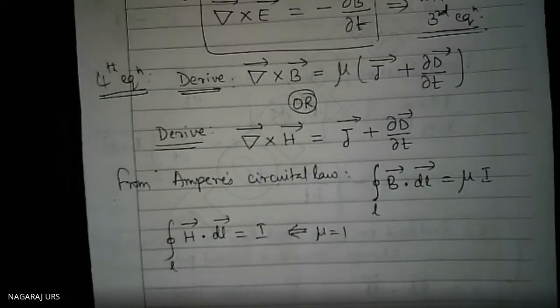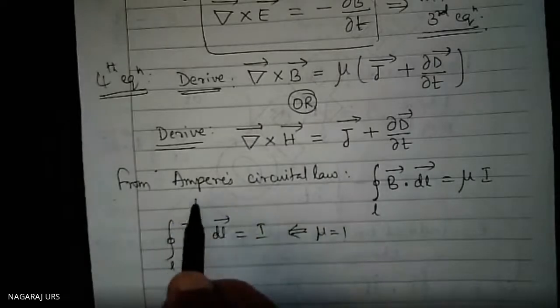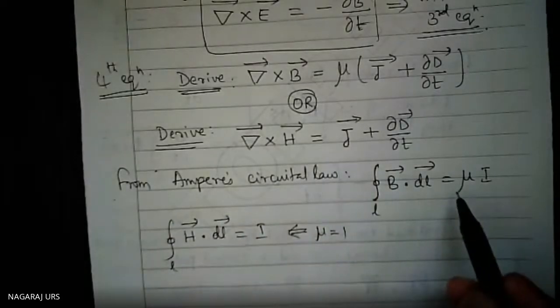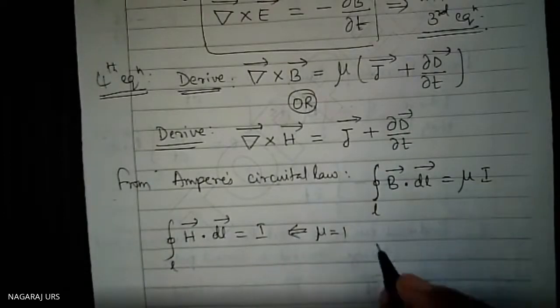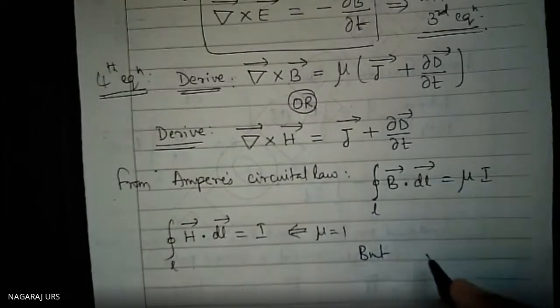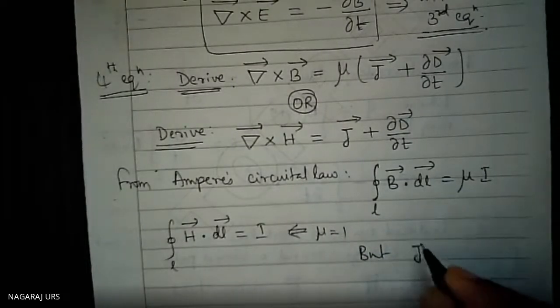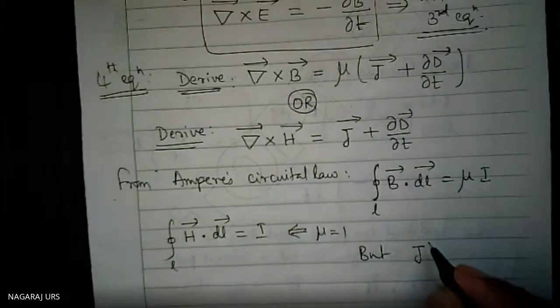Use this concept further. This is Ampere's circuital law that I have written. But current density J is equal to how much? J is equal to I by A. You are aware of that one.